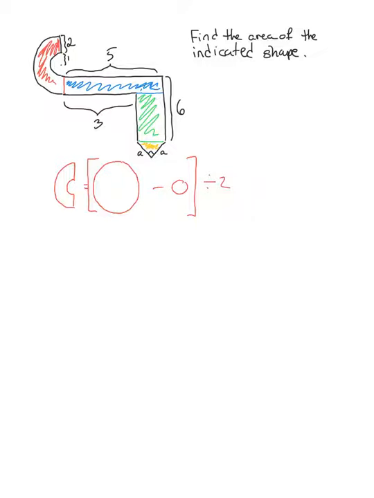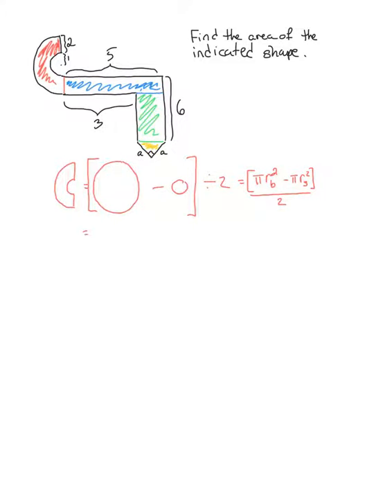So the area of the big circle is pi r squared, and we'll call it RB for the big circle. Subtract pi rs squared for the small circle, and then divide by 2.